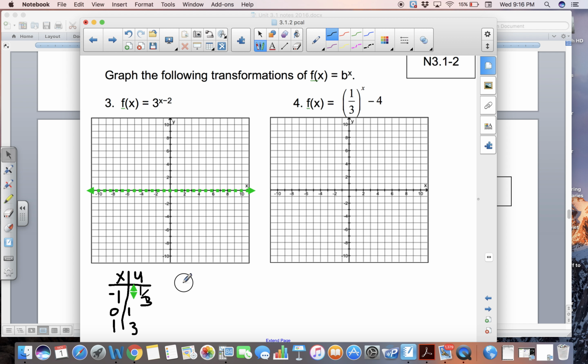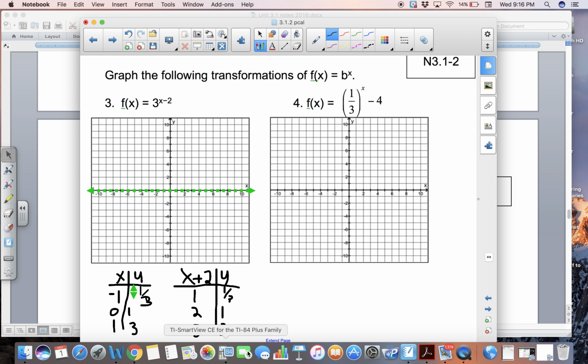So I'm going to take all my x's and add 2 to my x's. I would suggest using tables for these because they're somewhat more difficult to see just by looking at the graph. So if I add 2 to all my x's, -1 plus 2 is 1, 0 plus 2 is 2, 1 plus 2 is 3, and the y's stay the same: 1/3, 1, and 3.